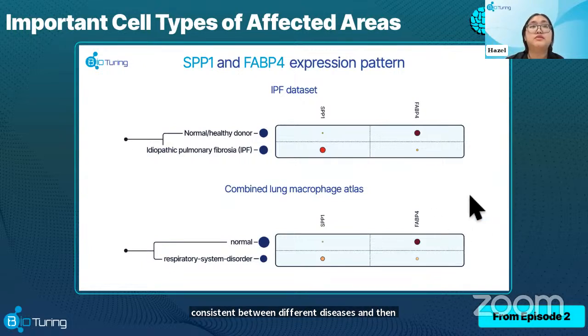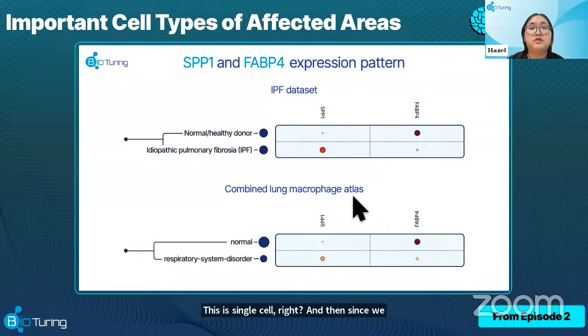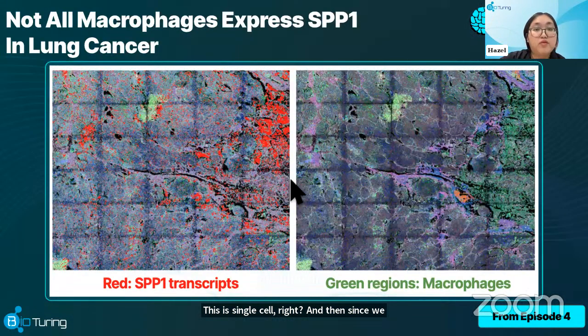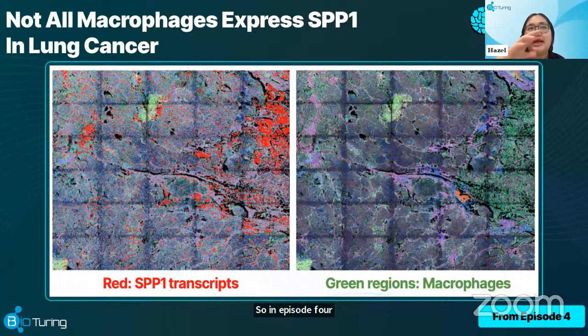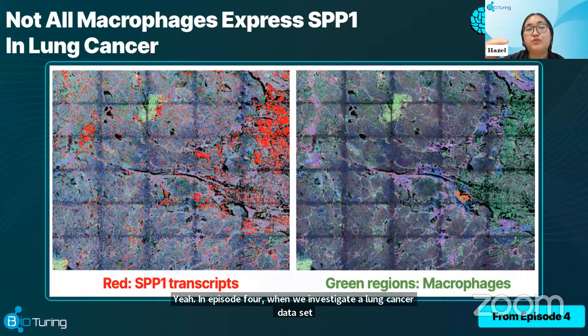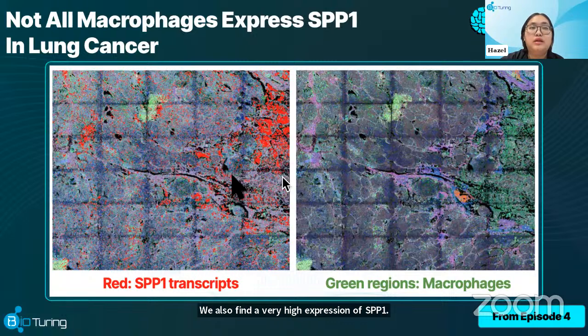And this is single cell. Since we just talked about lung cancer, in episode 4, when we investigated a lung cancer data set, we also found a very high expression of SPP1 in macrophages. The more interesting thing is that we actually figured out the role of SPP1 highly expressed macrophages in lung cancer.